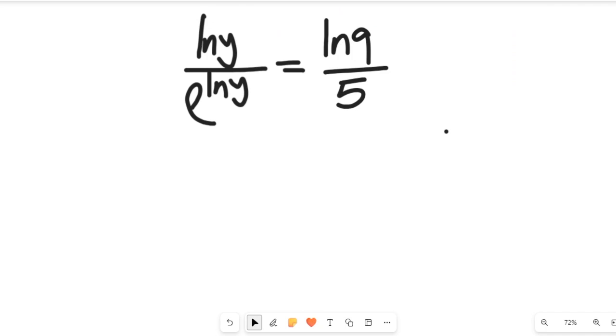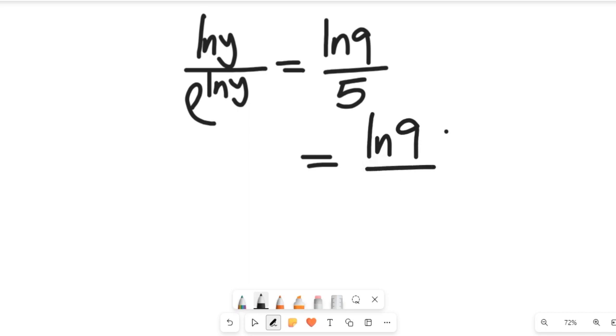What we are going to do next is to simplify. On the right hand side, we have nothing to do, because it remains the natural log of 9 divided by 5.